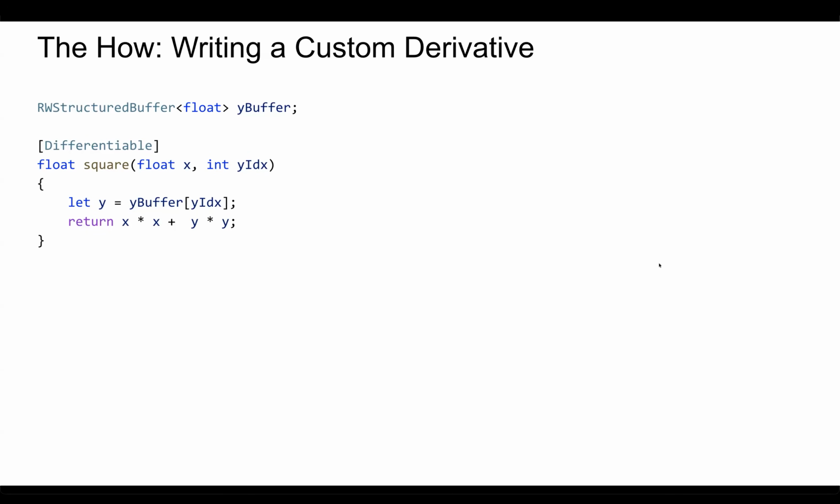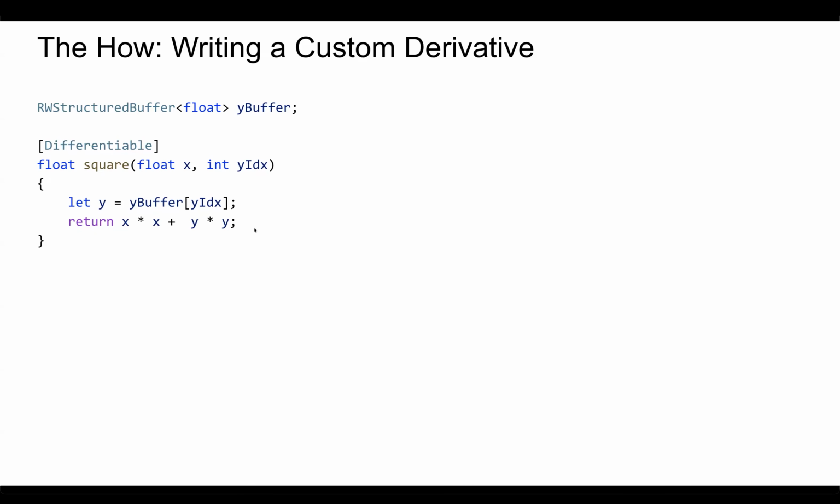So thinking back to the list of cases where we might need custom derivatives, let's look at how we handle one of those. In this case, we're going to do propagating gradients into a buffer. So we've rewritten our simple square function here so that instead of receiving y directly as a parameter, it's given an index so that the function has to look it up from a global buffer.